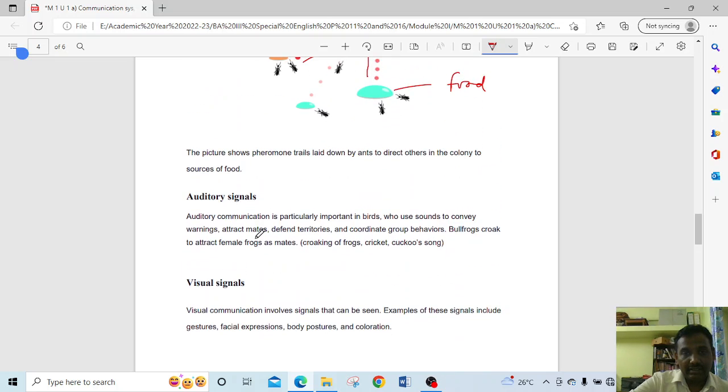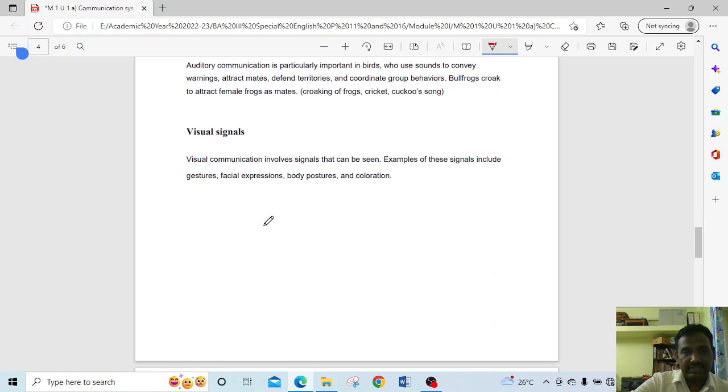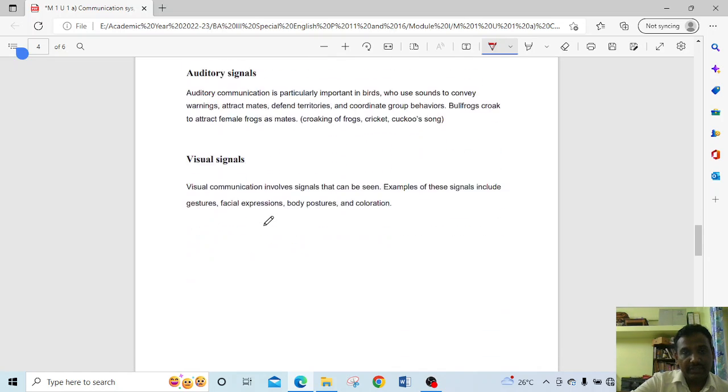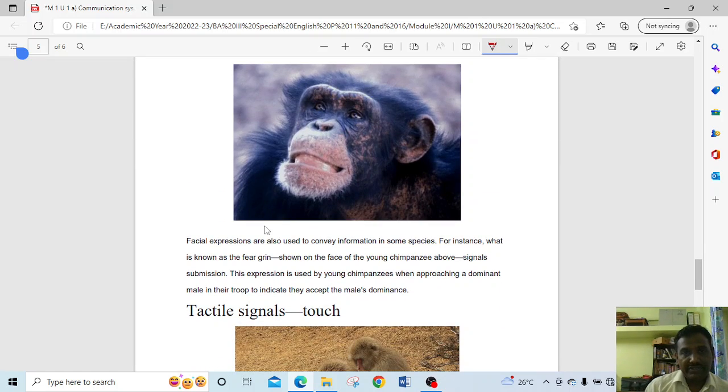You will see that in and around you, many auditory signals and visual signals are used by animals to communicate with each other. Now look at this picture. This chimpanzee gives an expression. It touches the upper teeth with its tongue. Now, what does that show?